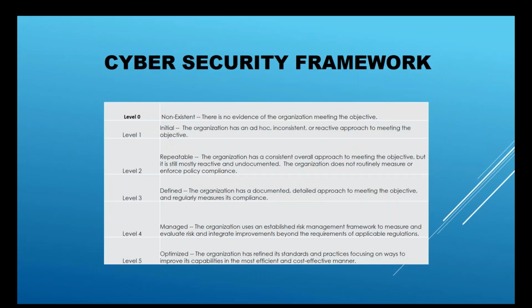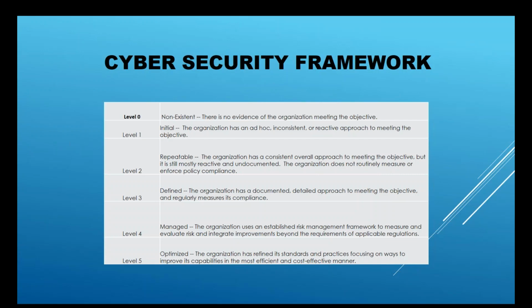We're going to talk about how we score these in those frameworks, and we're going to talk about different levels. Level 0 is non-existent. It does not exist in my environment; in my organization, we're just not doing anything to meet that objective. Level 1 is initial.